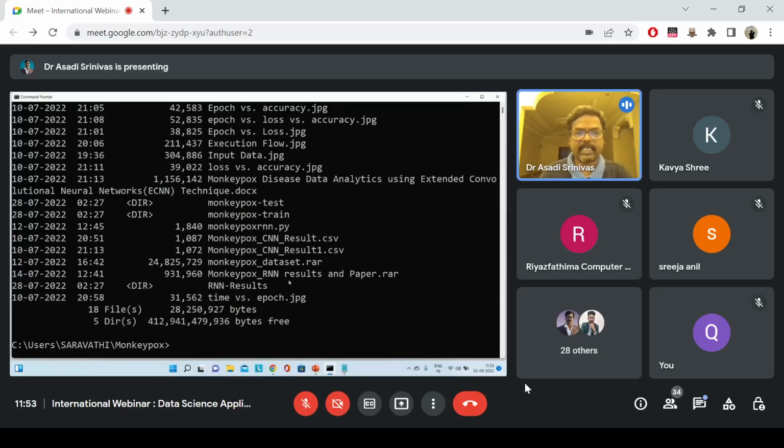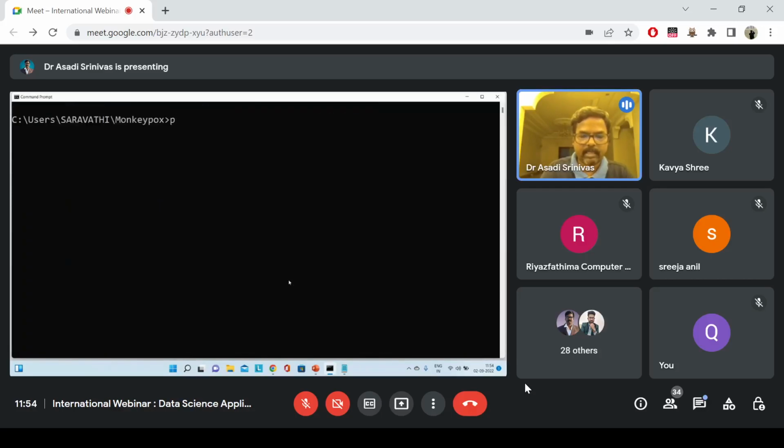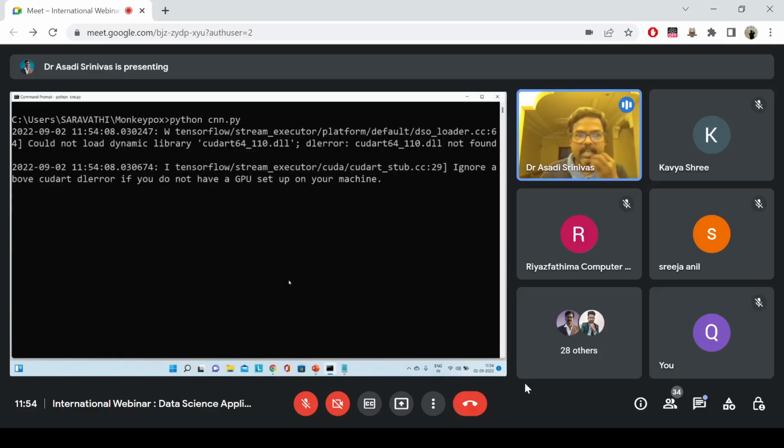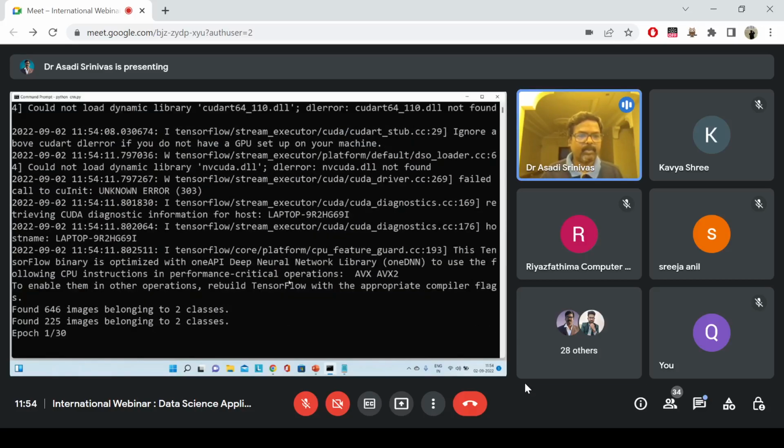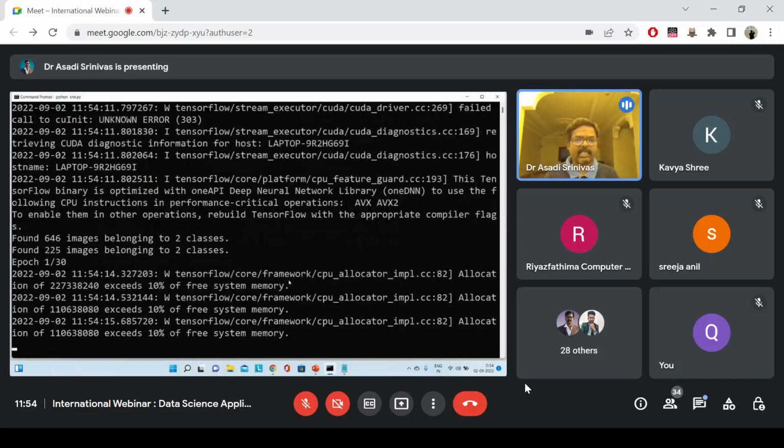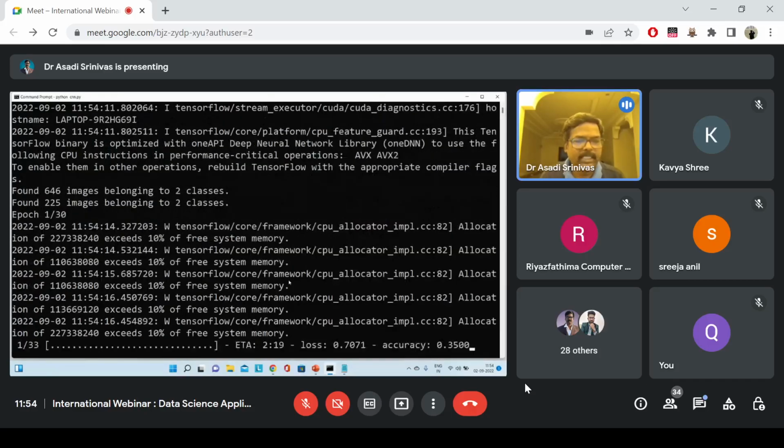These many files I have in the monkeypox folder. Now cnn.py: python cnn.py. Now the program is running here. I'm doing two-class classification now. Please see, all of you.